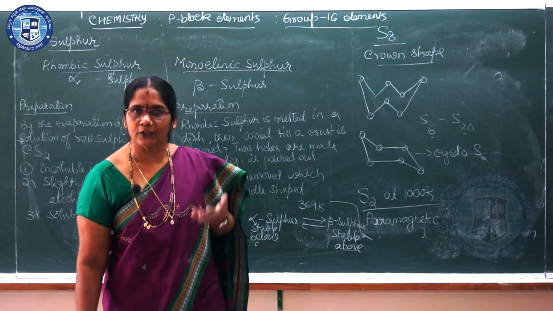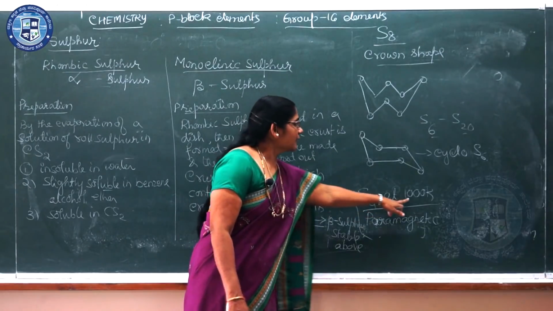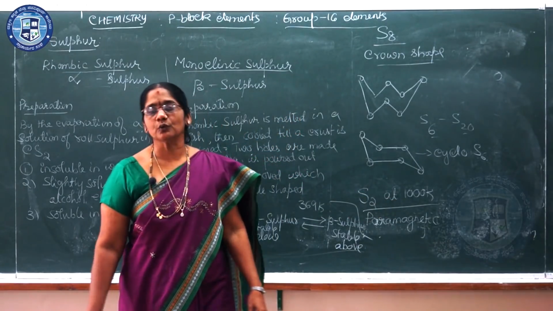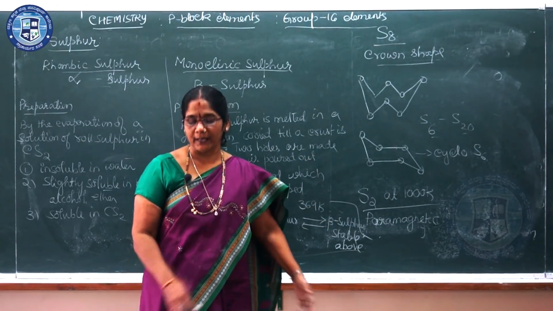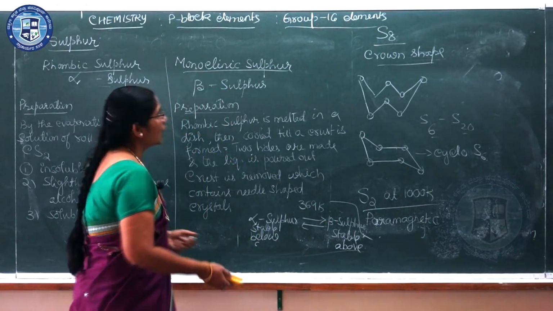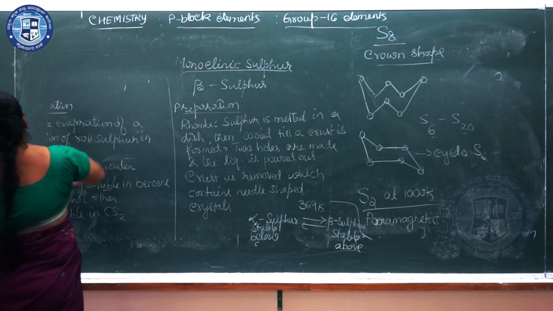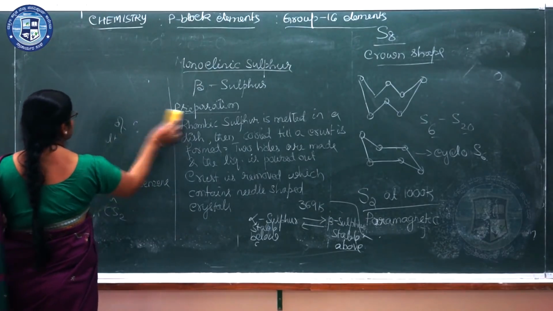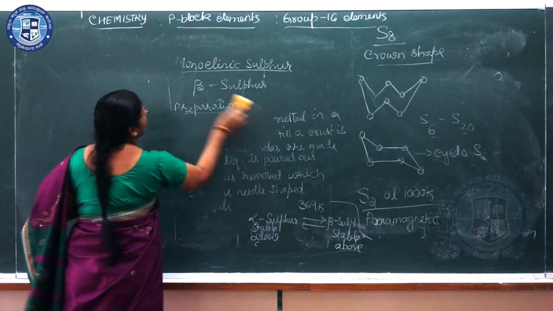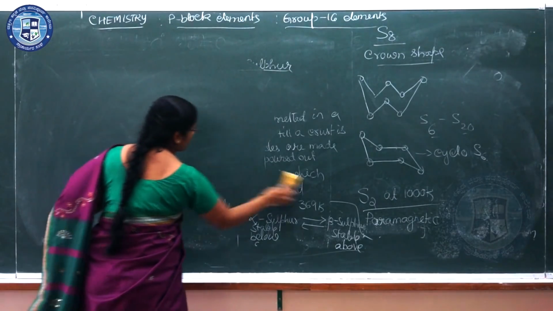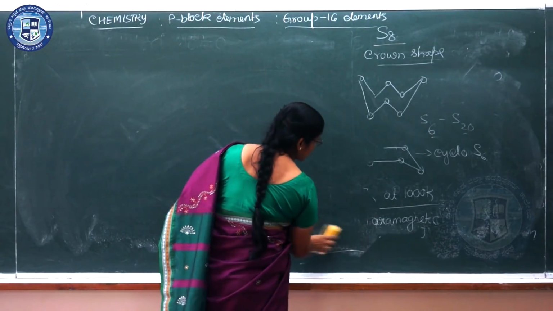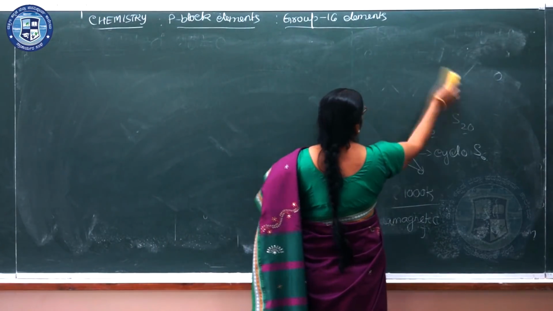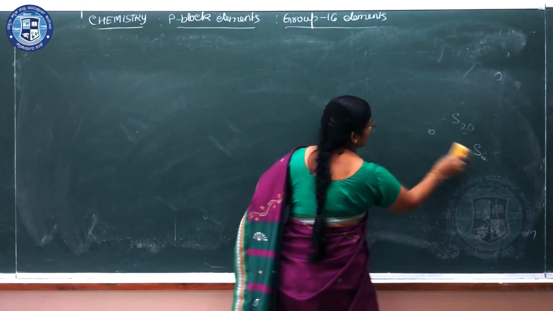Oxygen is paramagnetic, you know very well, and at 1000 Kelvin this S2 species is also found to be paramagnetic like oxygen. So these are some of the informations about the allotropes of sulfur. Two types, rhombic and monoclinic, also referred to as alpha and beta, and their shapes.